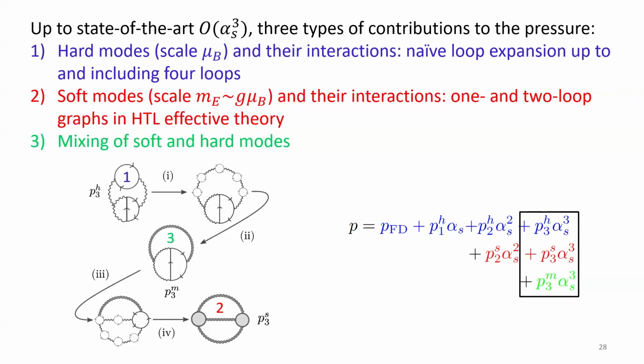So here you have an example of a mixed contribution. This is a contribution where you have one soft line and all the other propagators are still hard. We assume that their momenta are of the order of the baryon chemical potential. But again, you can play this game. You can ask what happens if this gluon line or this gluon line becomes soft.